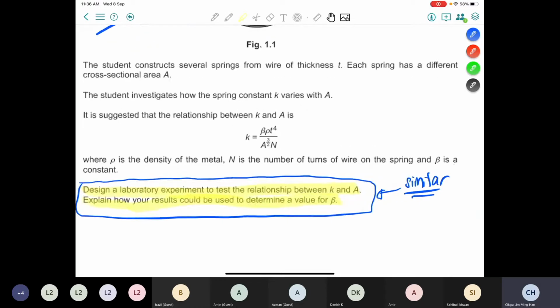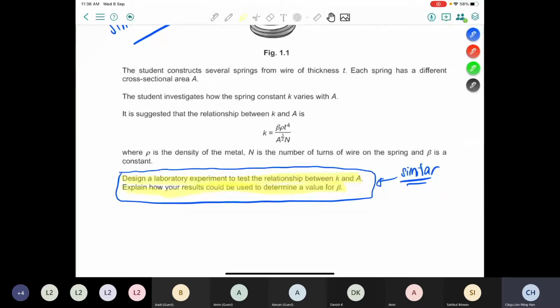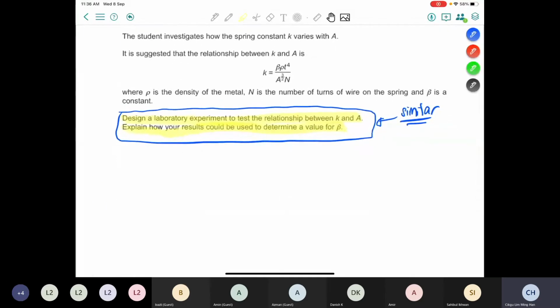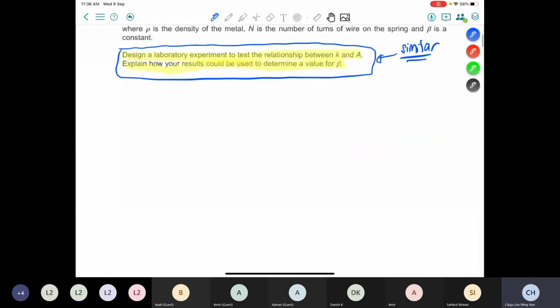Now, what you need to do for question number one is to try to make use of the variables. As I told you last time, you can make a table to write down the independent variable, something that you vary.